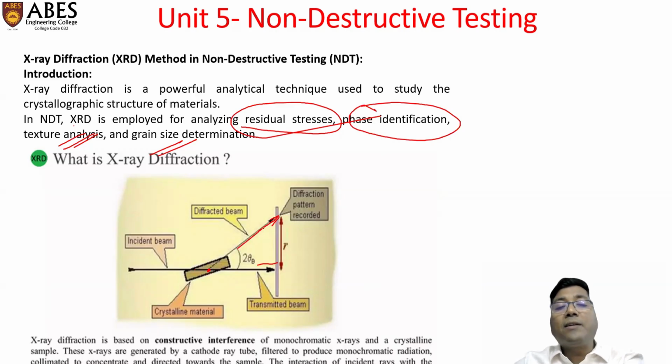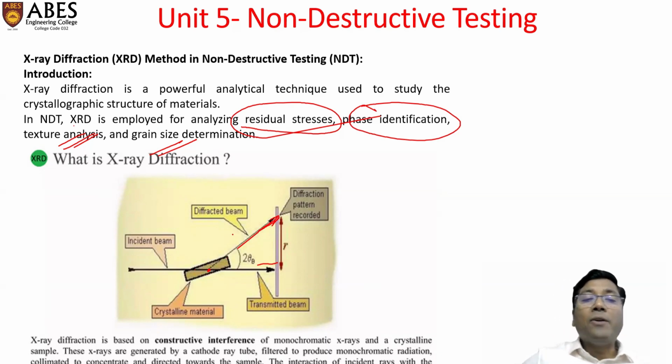So the constructive diffraction or constructive interference will cause a change in the 2 theta, the diffraction angle, and that diffraction pattern would be recorded.